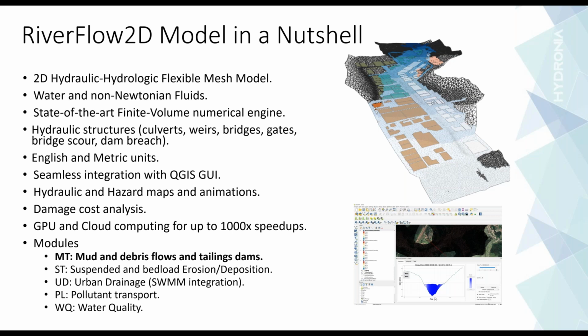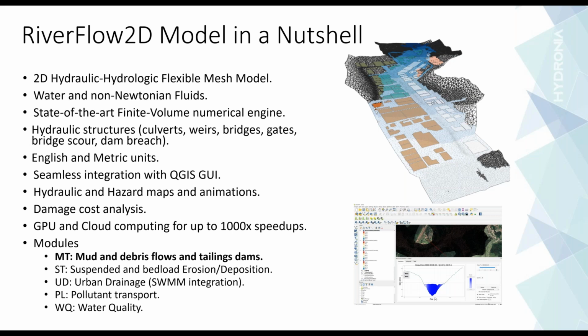The user interface is based on QGIS, which is open source software, and it is free as well. So the graphical user interface of RiverFlow2D is of free distribution; Hydronia doesn't charge for it. What you're actually getting if you get a license is an engine.